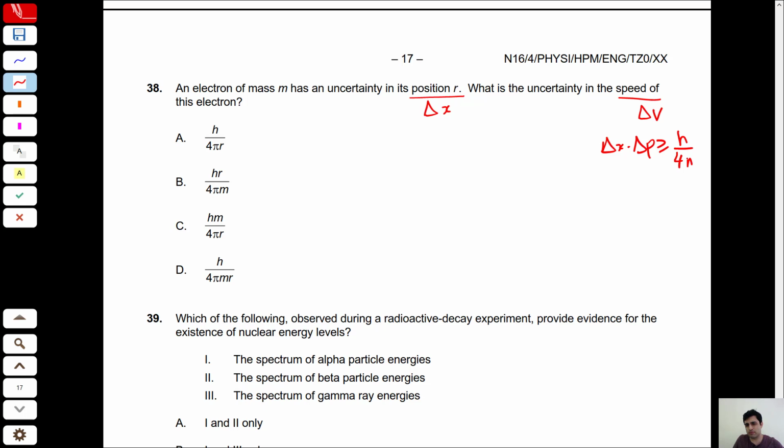Now also know that momentum is mass times velocity, and uncertainty in momentum is equal to mass times uncertainty in velocity. Okay. So let's substitute that equation here. Instead of uncertainty in momentum, we will say it is mass times uncertainty in velocity, greater or equal to h over 4 pi. Just ignore this greater or equal to sign, just make it equals there. It's easy calculation.